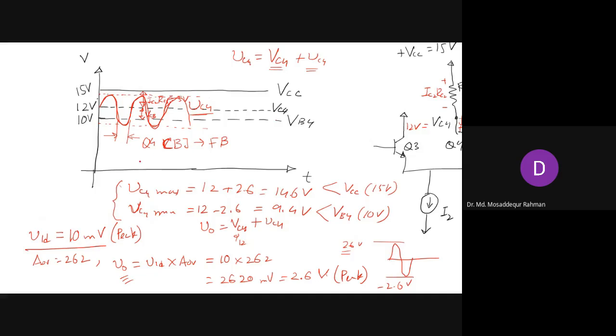For this interval of time, the collector base junction of Q4 will become forward biased. And when it becomes forward biased, what happens?